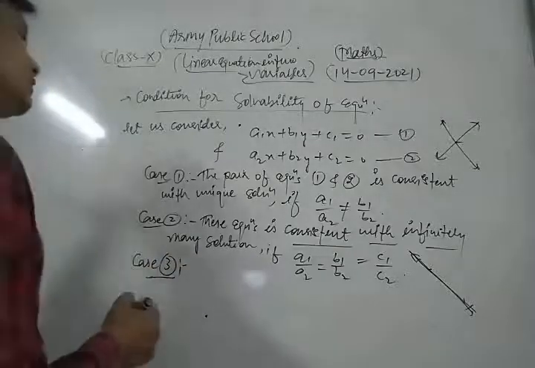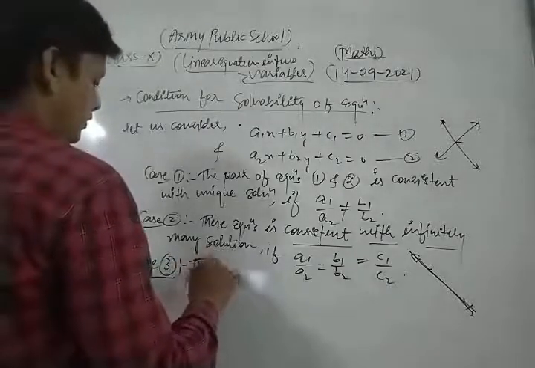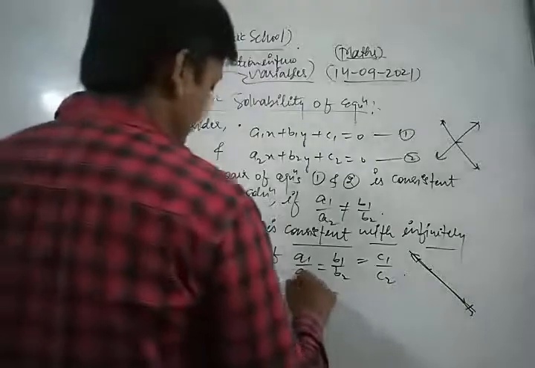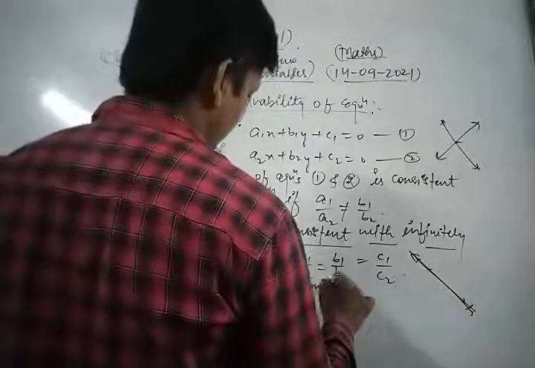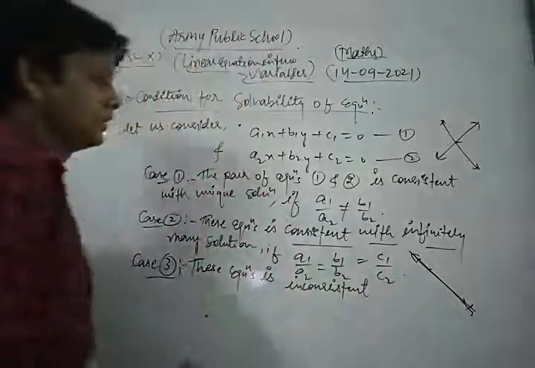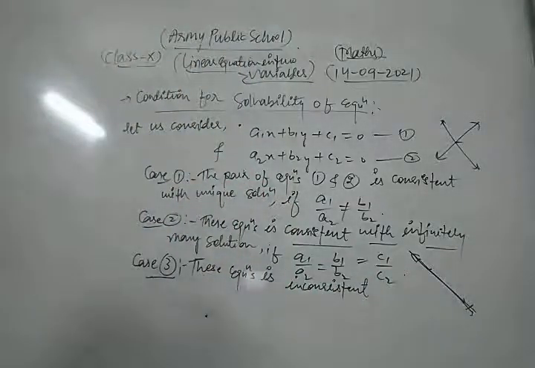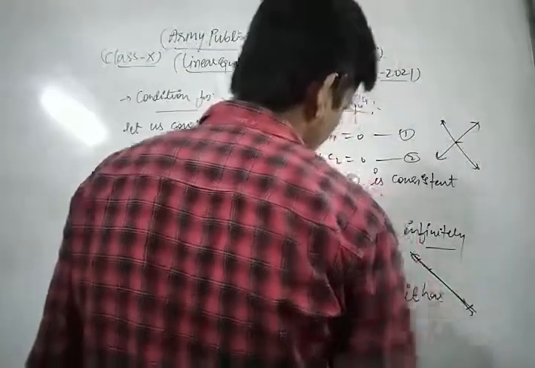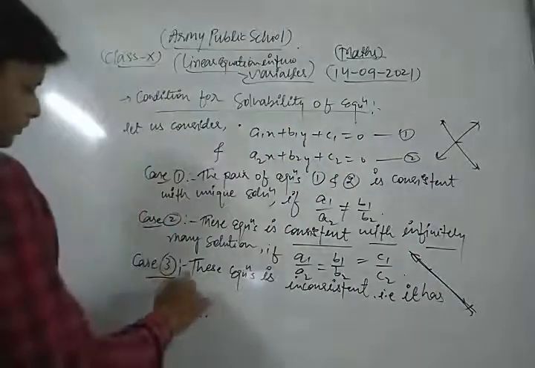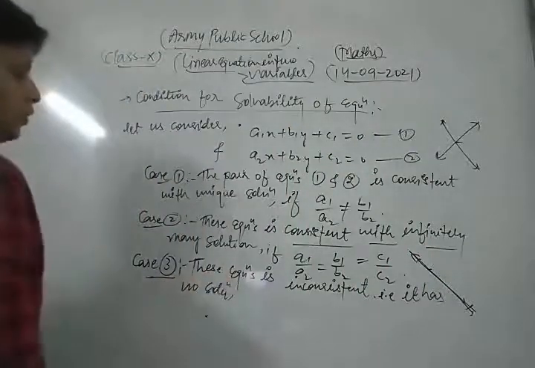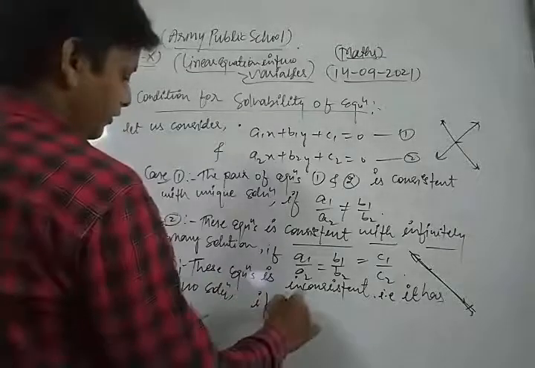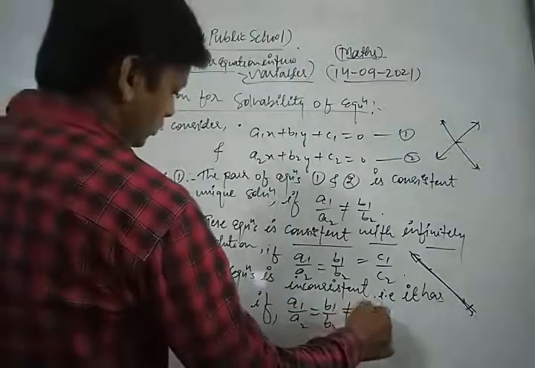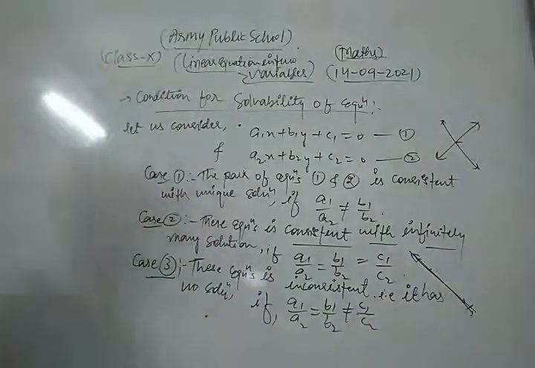If these equations are inconsistent, that is, it has no solution, if and only if a1 upon a2 is equal to b1 upon b2 is not equal to c1 upon c2.